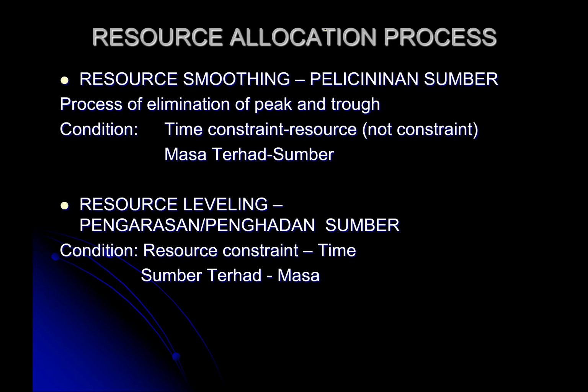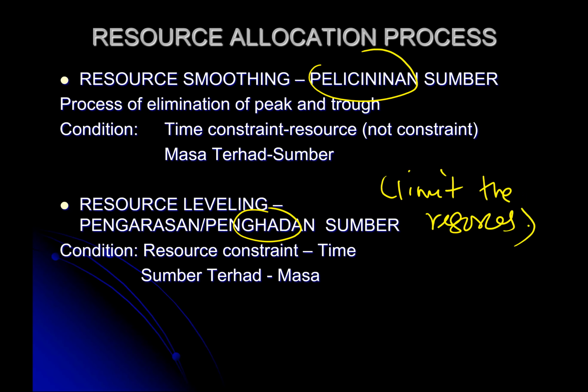Resource smoothing in Malay, if you are Malaysian, we call it pelicinan sumber. Resource leveling, we call it pengarasan or penghad. Had means we limit. Resource leveling, basically we limit the resource, whereas resource smoothing, we limit in terms of the duration.